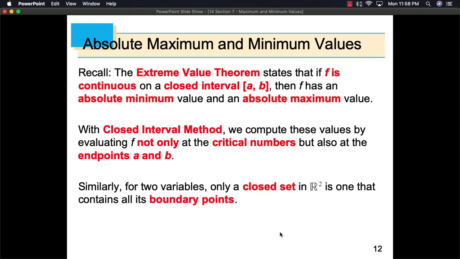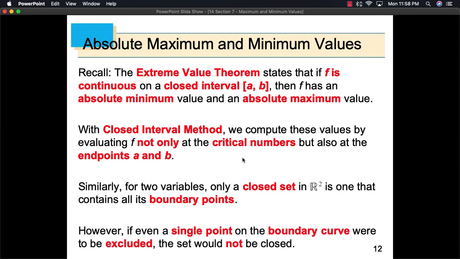And this only can occur in a closed set that contains all its boundary points. And we must include every single point on that boundary curve for this to work.